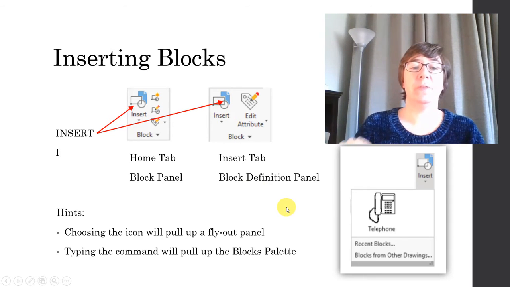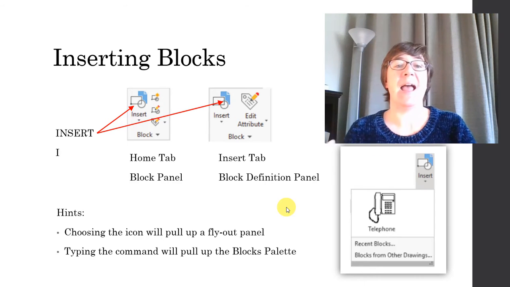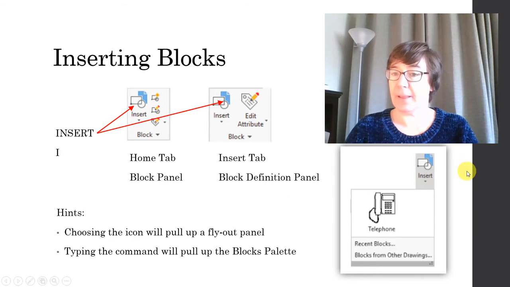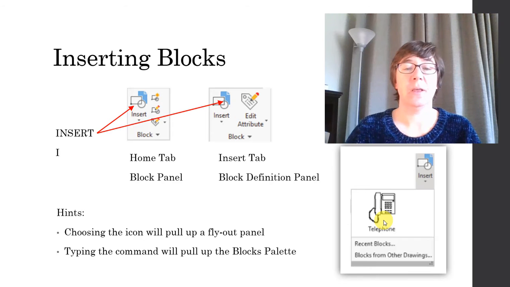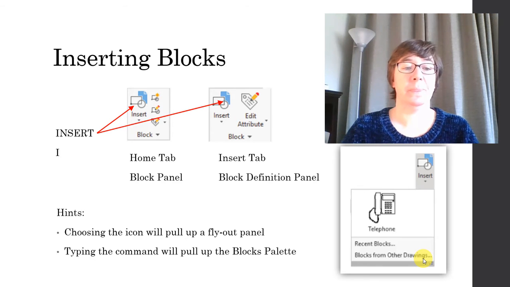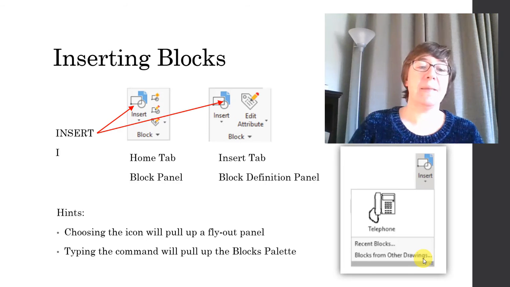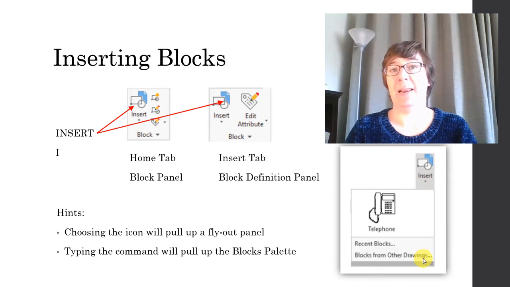If you choose the icon, it will pull up a flyout panel, and it looks like this. You can see on that panel some recent blocks that you may have inserted, or you can choose to select blocks from other drawings. That will pull up the blocks palette. If you just type insert or I, it will directly pull up the blocks palette.